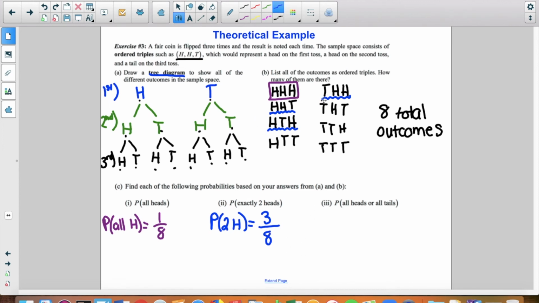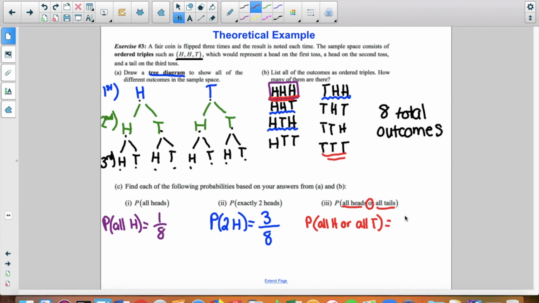Okay? And lastly, we're finding the probability of all heads or all tails. So probability of all H or all T. Looking at what we have, here we have all heads, and here we have all tails.